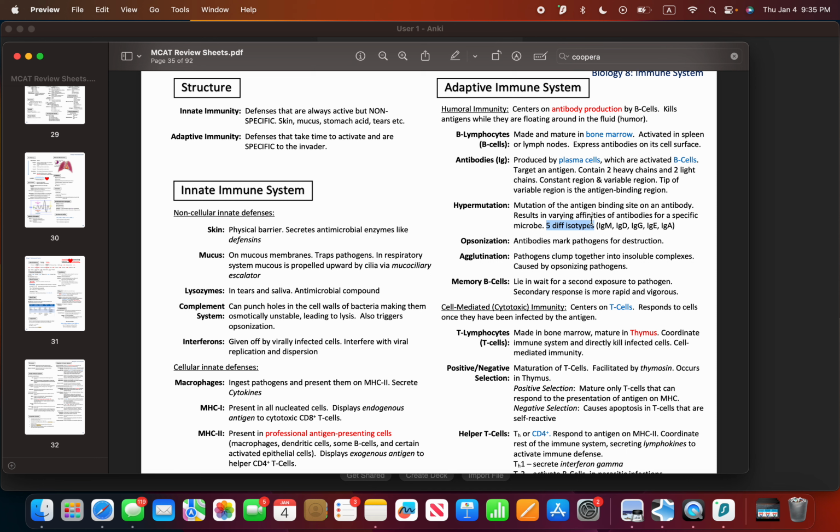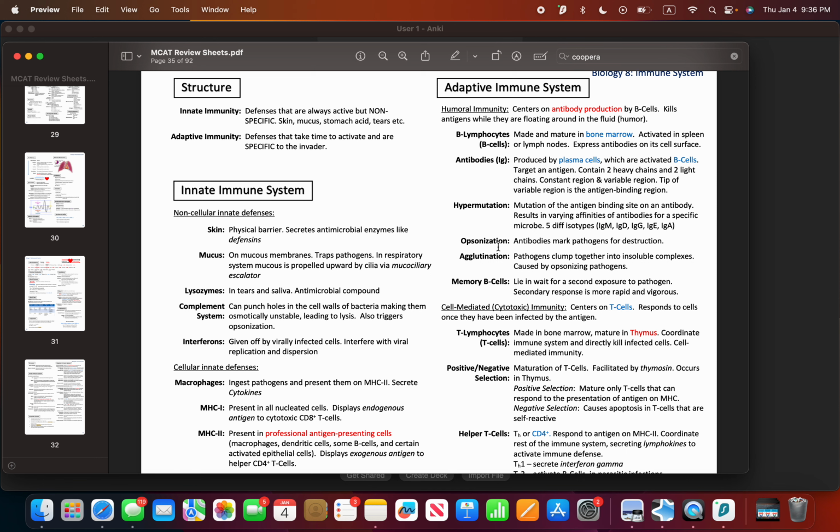All these antibodies have varying affinities for specific microbes. So for example, IgM attaches to the first pathogens that we are exposed to, and IgG is mainly for phagocytosis.